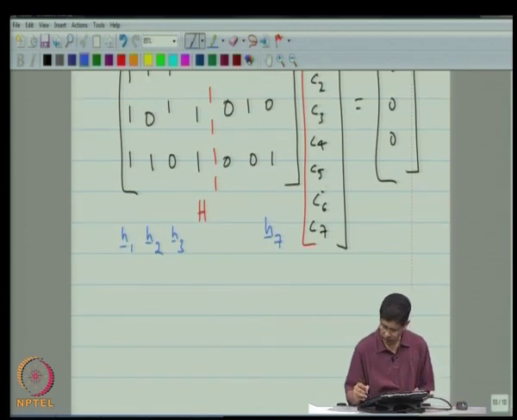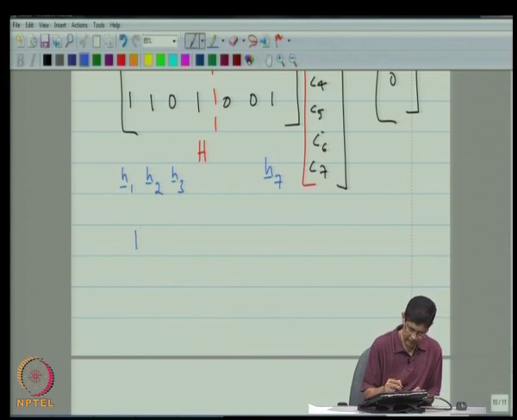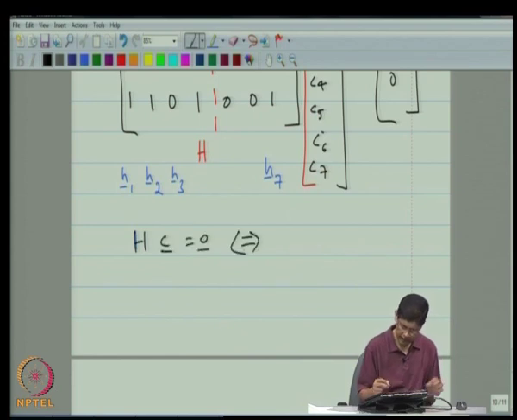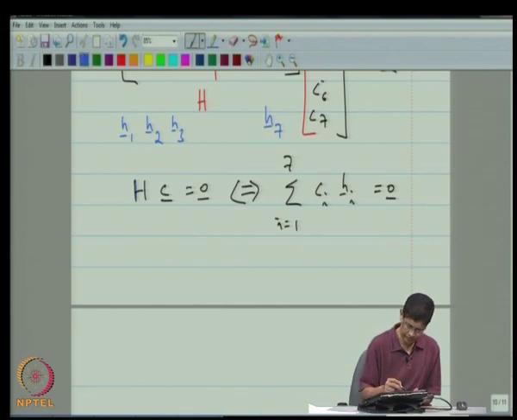Then it follows that H times C equal to 0 if and only if sigma Ci Hi equal to 0, i is equal to 1 to 7.